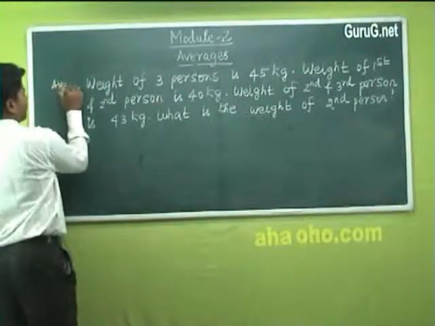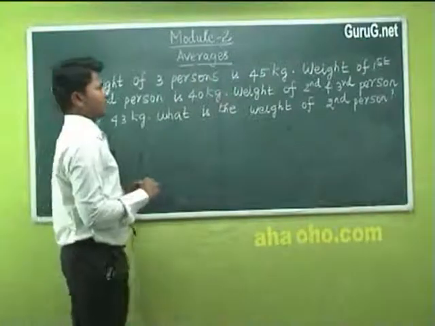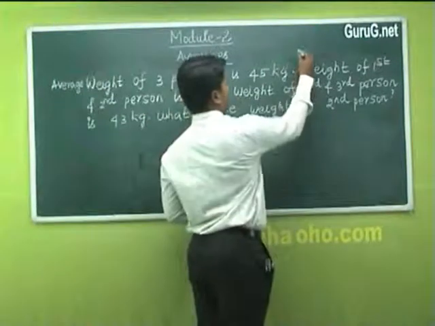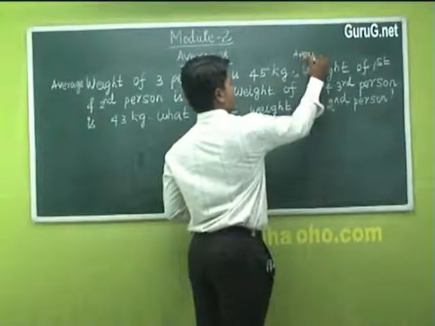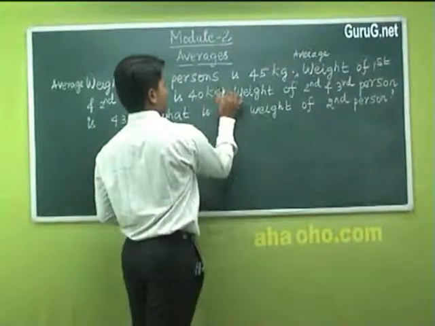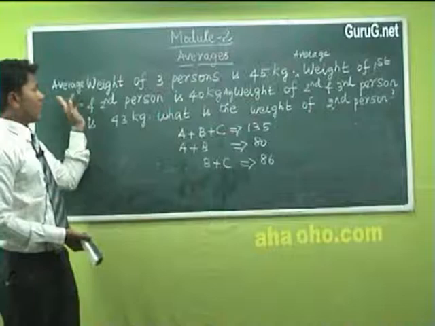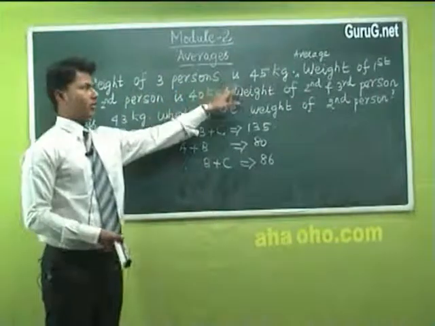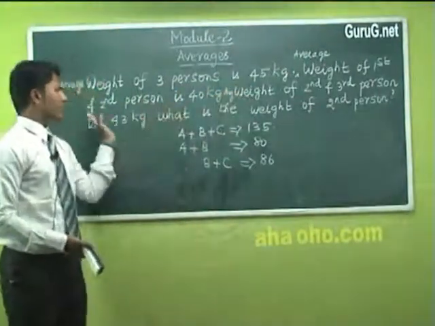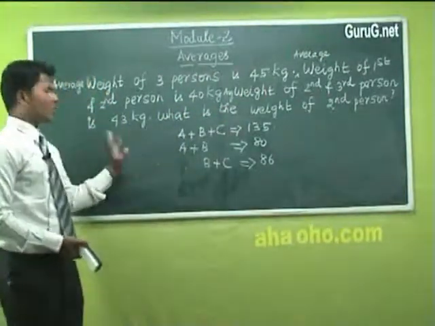Average weight. So here the given average weight of 3 persons is 45 kilogram. Average weight of the first and the second person is 40 kilogram. The average weight of second and third person is 43 kilogram.